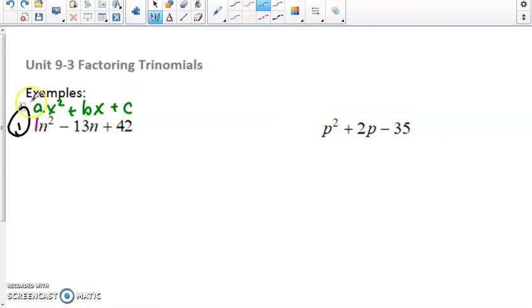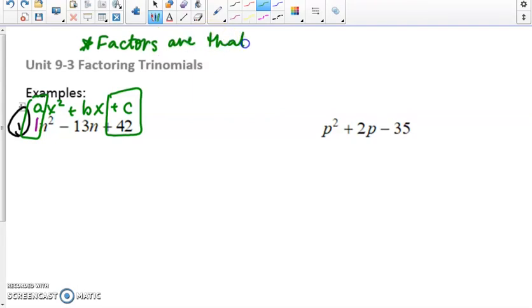We need to find the factors of a and the factors of c. And I know I keep using that word factors, but if you're having trouble remembering what that means, factors are just numbers that multiply to a product.